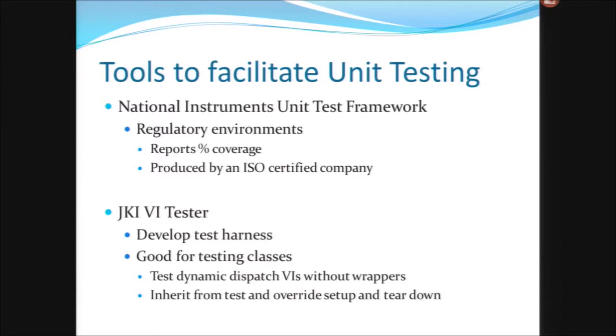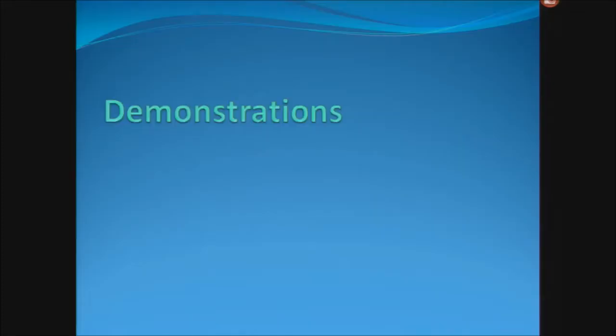Just a little bit of a pitch here. Because I do so much work with classes, I prefer the VI Tester from JKI over the unit test framework. But it's not because of a deficiency in the unit test framework. These two test harnesses have opposing philosophies for how you go about writing unit tests, and this is a split in philosophy reflected across lots of unit test tools around the world.